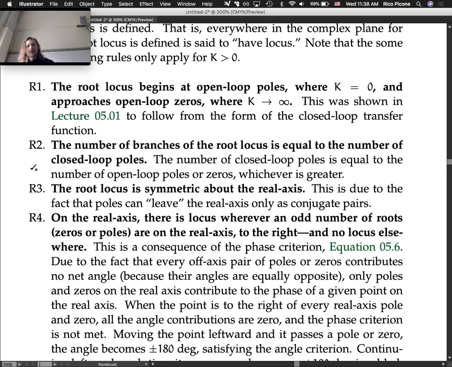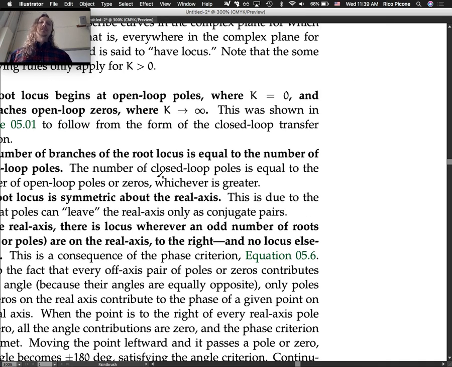Rule 2 says that the number of branches of the root locus is equal to the number of closed loop poles. The number of closed loop poles is equal to the number of open loop poles or zeros, whichever is greater. Whatever number of closed loop pole solutions there are, that's how many branches of the root locus you're going to have. Their locations in the complex plane sweep out a number of curves that is the number of closed loop poles.